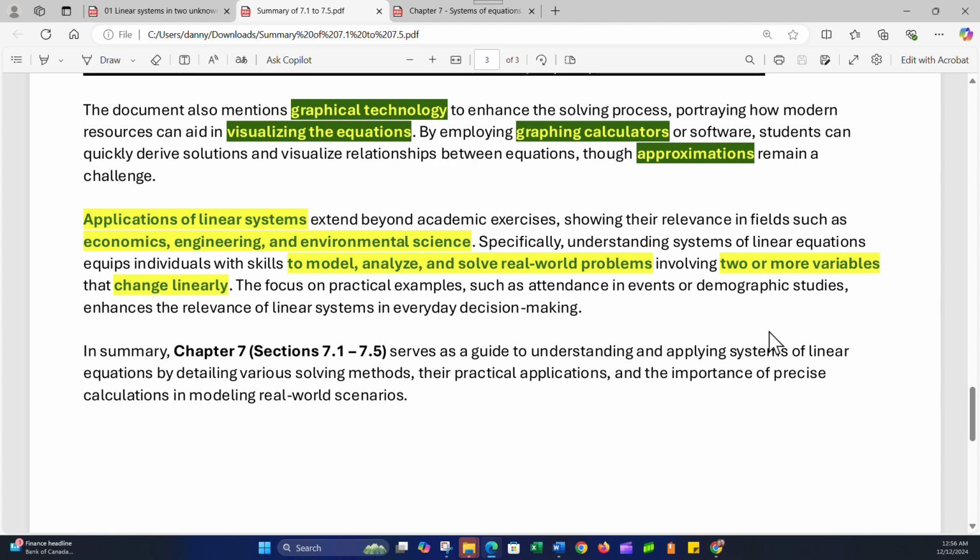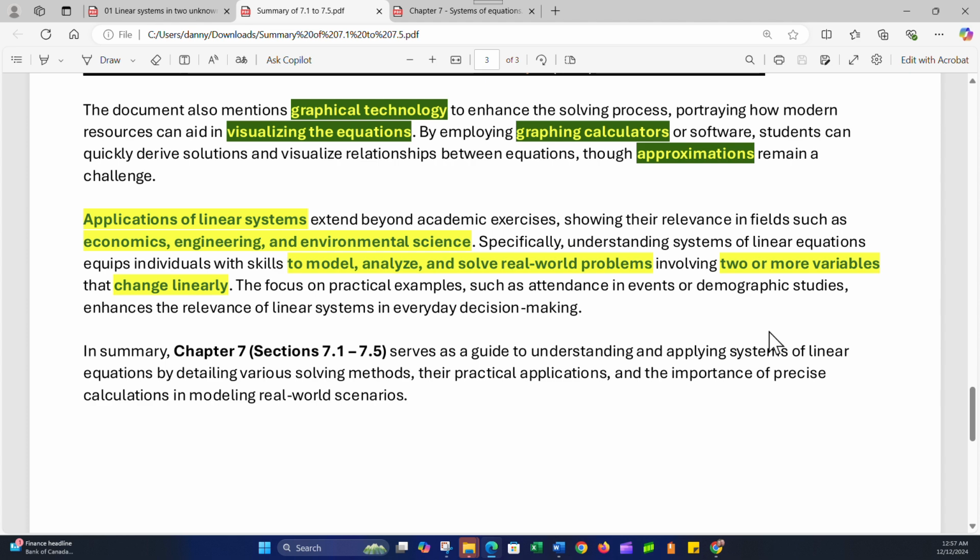Things like that. Math is used in real world situations. Linear systems are used to model, analyze, and solve real-world problems that involve two or more variables that change linearly. And by change linearly, they would be graphed and make a line, unlike a quadratic equation or something that makes a weird loop sort of thing, like a U.